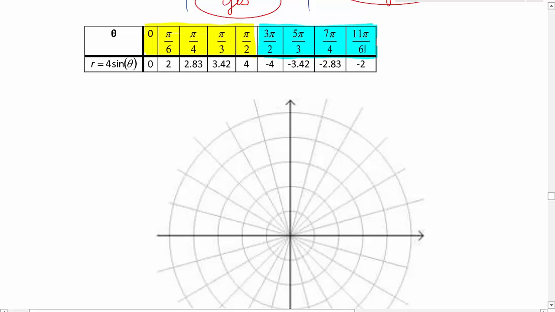So then what you do to get the actual points is you take this theta value and plug it into your equation and then put that into your calculator. Make sure you're in radian mode. So like the first one would be r equals 4 sine of 0 in our calculator, and then 4 sine of pi over 6, and then 4 sine of pi over 4, and so on.